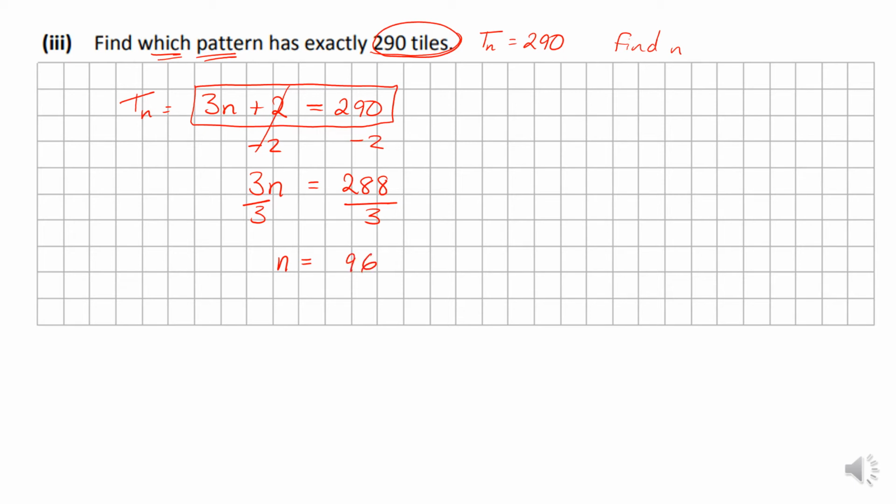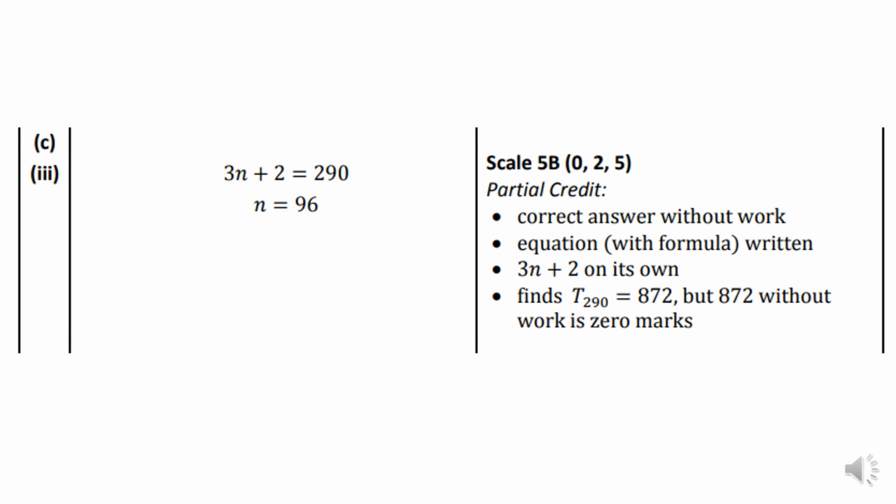So the 96th term has 290 tiles, and we got 96. Excellent. And there's 5 marks going for that. Partial credit of 2. This is interesting: if you got the correct answer without work, you only get 2 out of 5, so please present all your work.